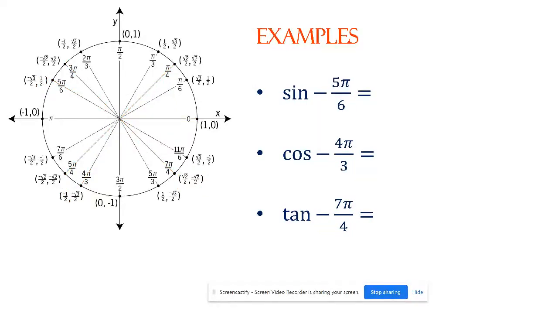A few more examples, this time with the negative angles. So these are the same angles we did before, but negative. So there's a couple ways we could look at this. If we did sine of negative 5 pi over 6, what we could do is start here at the x-axis and count around negative 5/6 pi. And one way we could do that, remember, we're going clockwise.